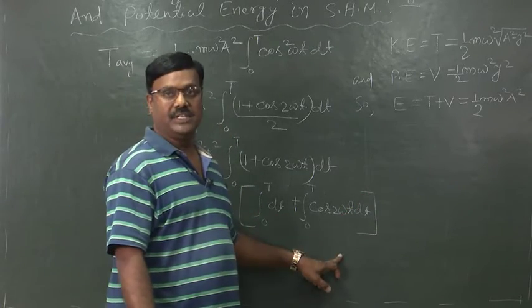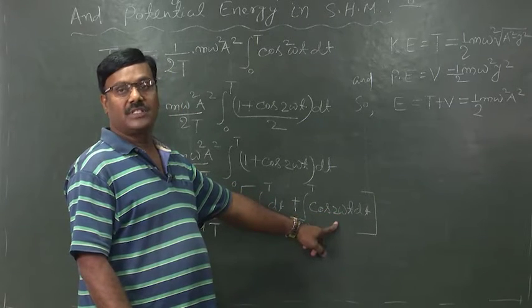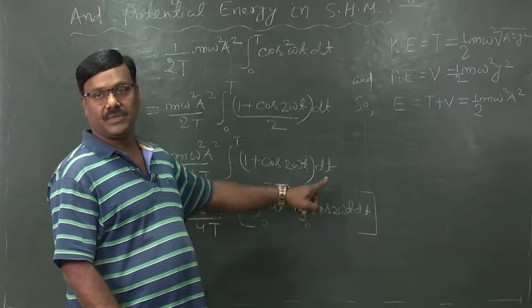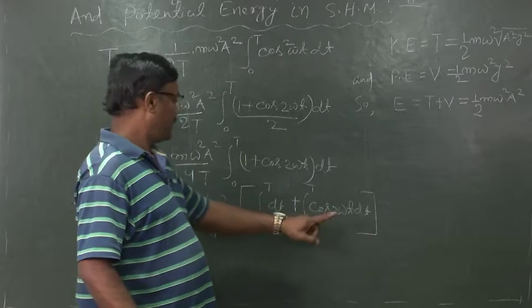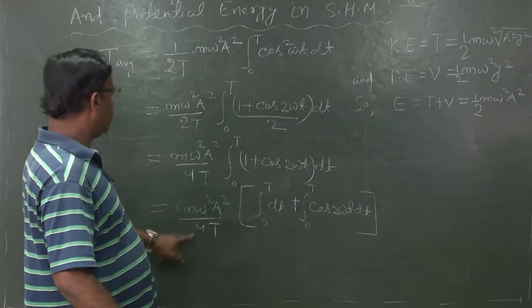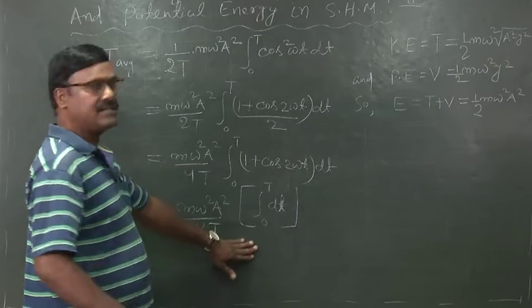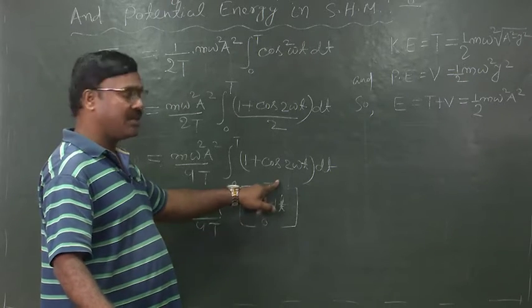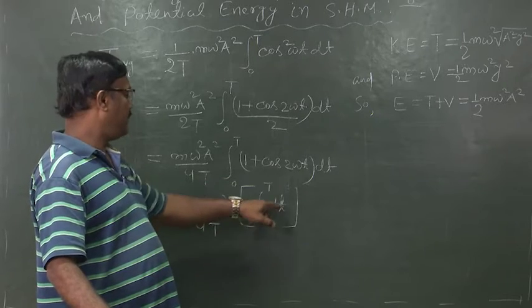But we know that the integration of sine and cosine function within a period of T will be equal to 0. So, this term vanishes and hence this expression will become like this. Now, integrating dt over the period 0 to T, we get T from 0 to T, and hence it is T minus 0.